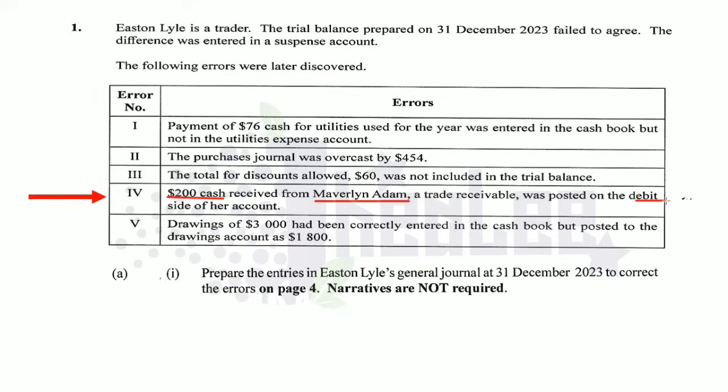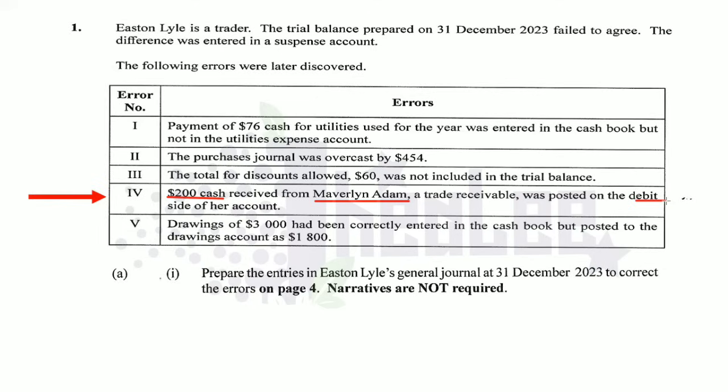Why are we doubling? If we place $200 on the credit side, what that will do is just cancel the 200 that was placed on the debit. That is not reflecting that the debtor would have paid 200. So we need to double, and we're doubling this amount, which will be $400.